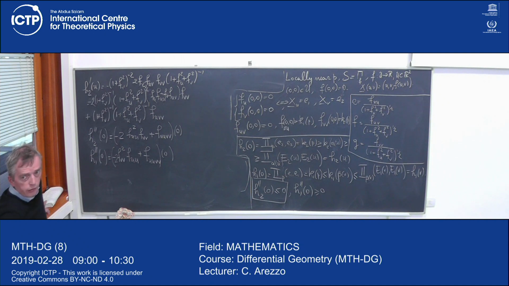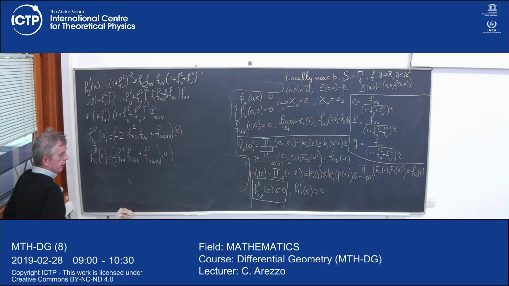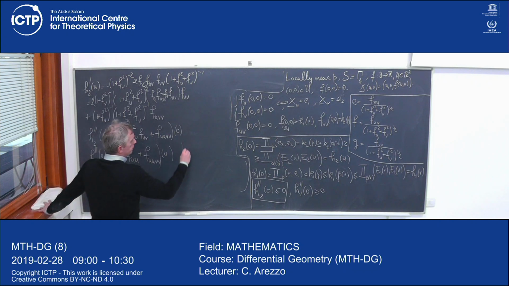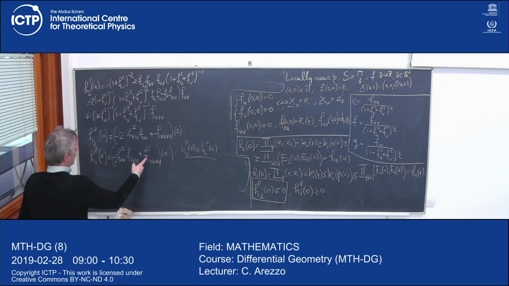Look. Okay, of course, my proofs are modulo double checking, okay? But let's see if this eventually converges to something. So, of course, the inequality we have is that H double prime 2 at 0 is less than or equal to H1 double prime at 0, okay? So what does it mean? You see, of course, if I write down both, now I see that there is a term which is equal, okay?